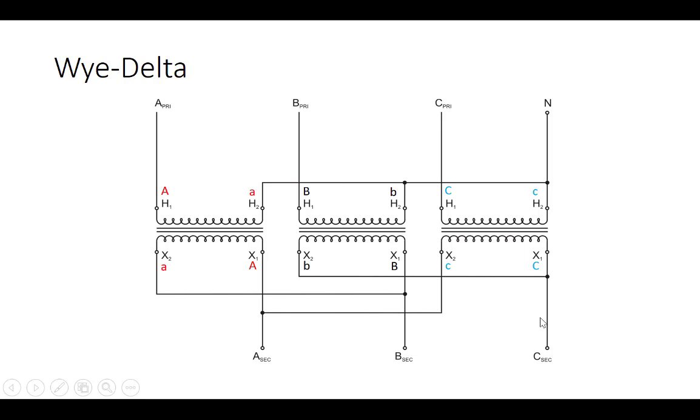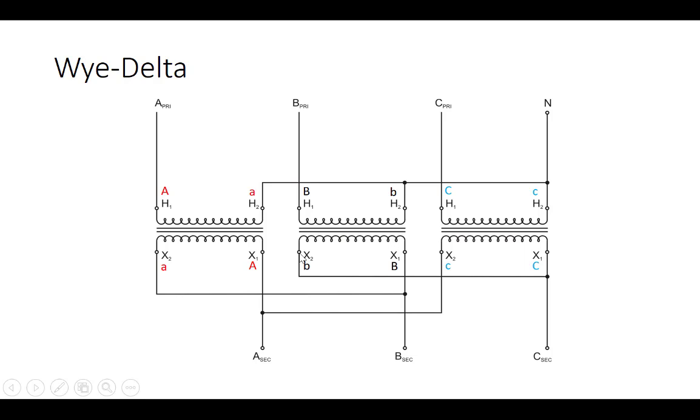On the secondary, we need to connect the 3 X windings as a delta connection. And again, like I had said last slide, the way to do it is to connect line A to the start of the A X winding. The end of that A X winding gets connected to the start of the B winding, where line B is.